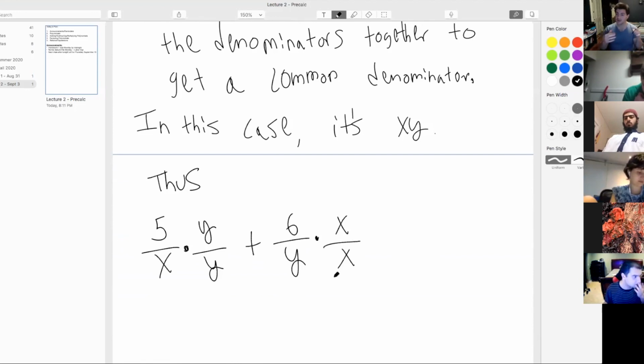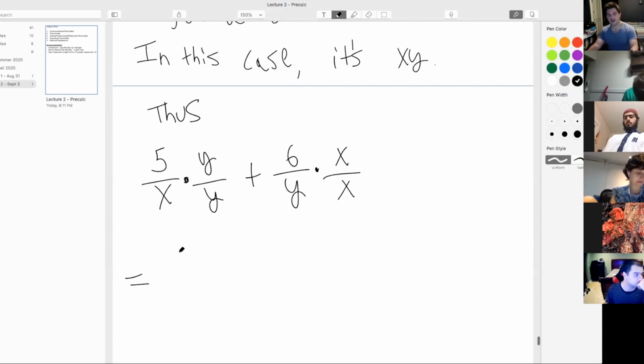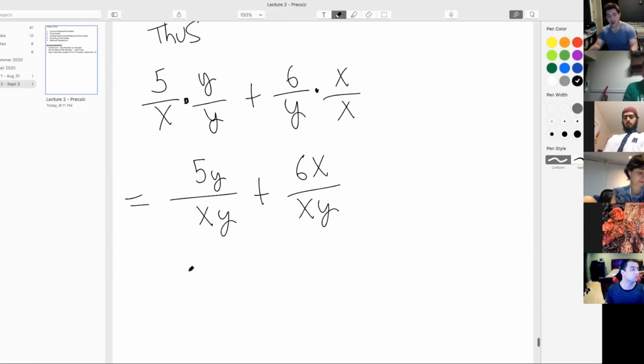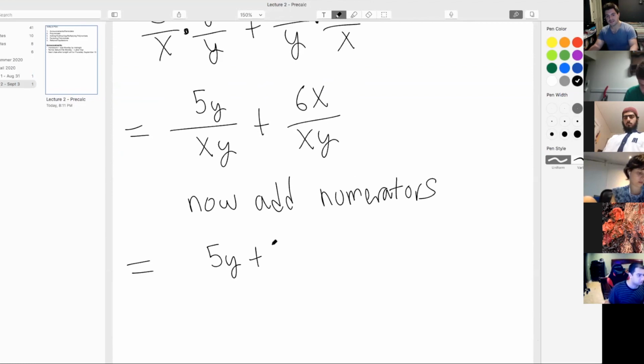I'm creating common denominators now. Excellent, so this is now easy. This is 5y over xy plus 6x over xy. Now add numerators, since we have a common denominator. This will be 5y plus 6x all over xy. And we're done.